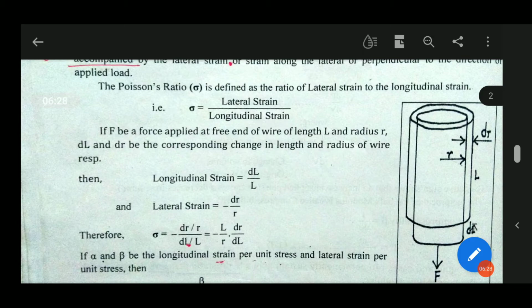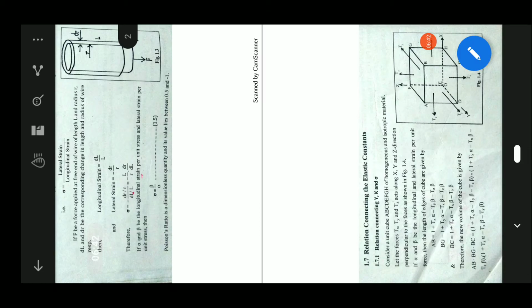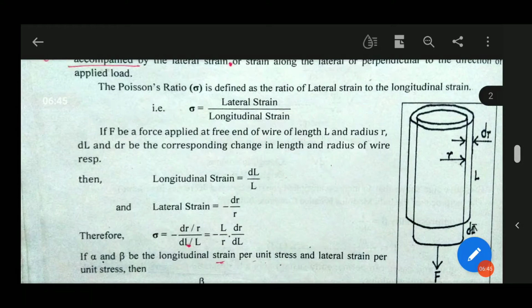If F is a force applied at a free end of a wire of length L and radius R, then dl is the small change in length and dr be the corresponding change in radius of the wire.